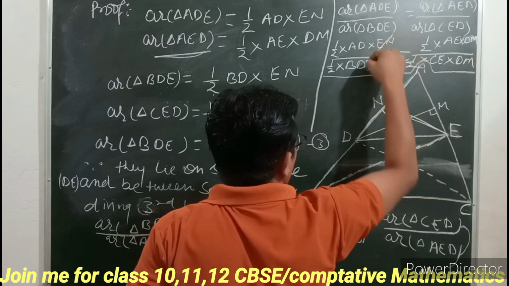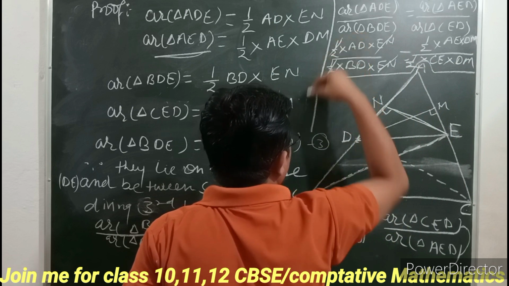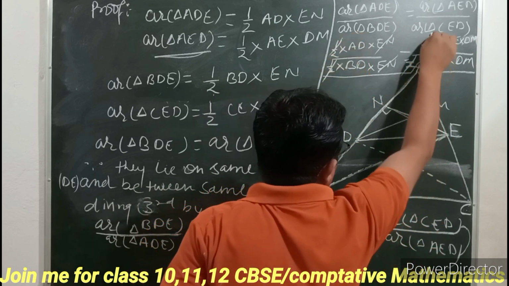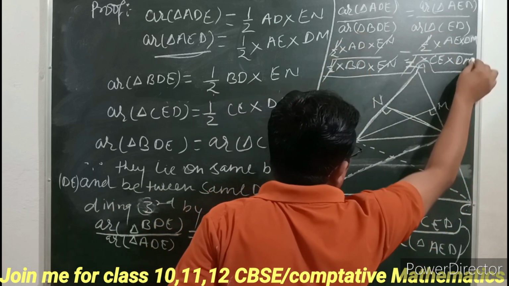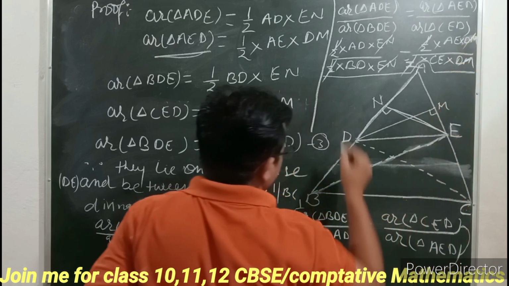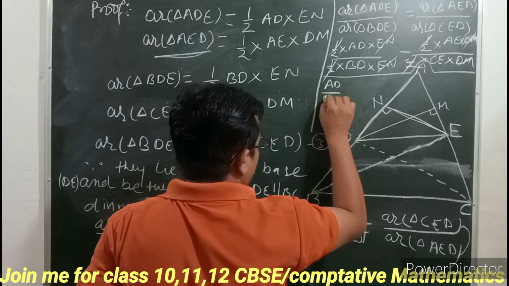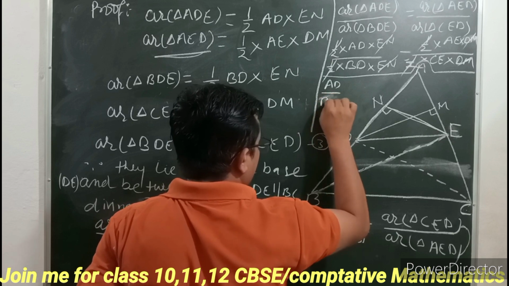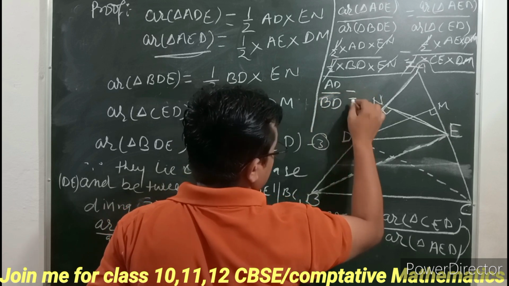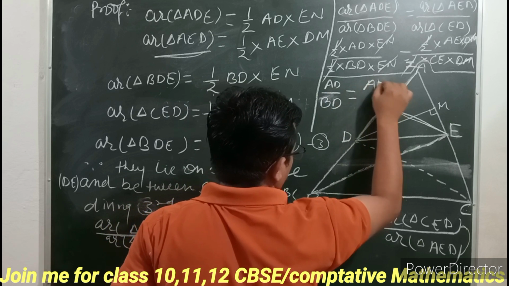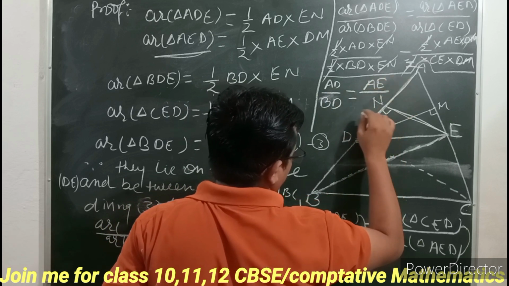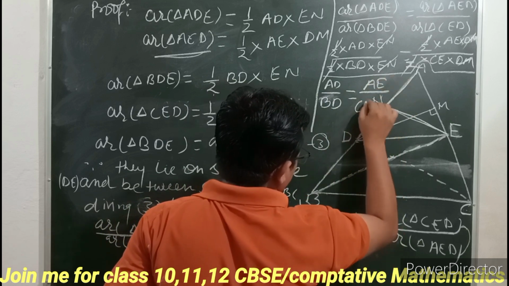Now EN is cancelled out by EN, 1 half is cancelled out by 1 half, 1 half is here also cancelled by 1 half, DM is cancelled out by DM. Now AD upon BD equal to AE upon CE.